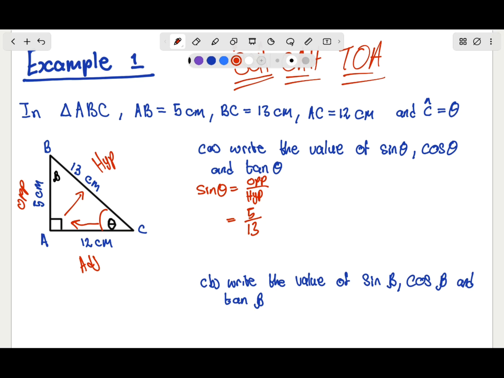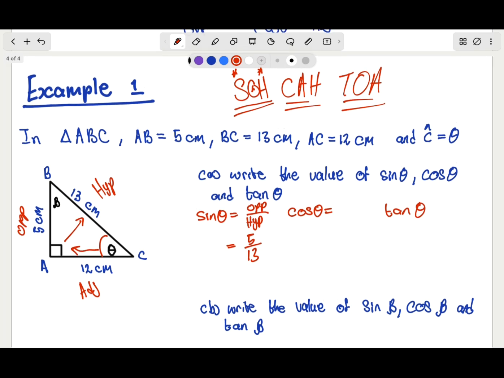But they were not asking for sine theta alone. They also asked for cos theta and also tan theta. So we're going to do them all. Remember, cos theta, we have the definition from our SOHCAHTOA right there. It's equal to adjacent over hypotenuse. So you check your triangle. Which one is your adjacent side?